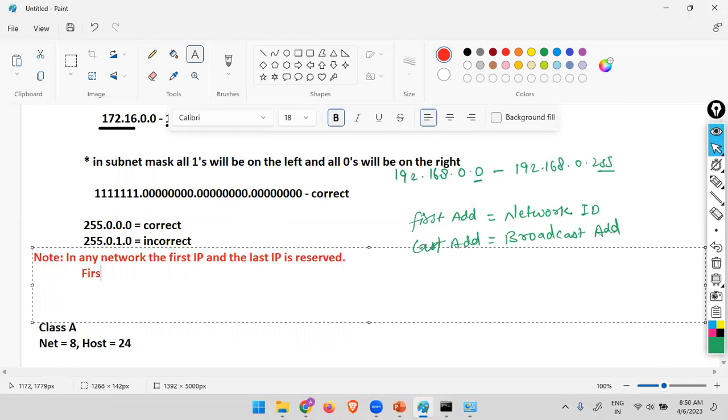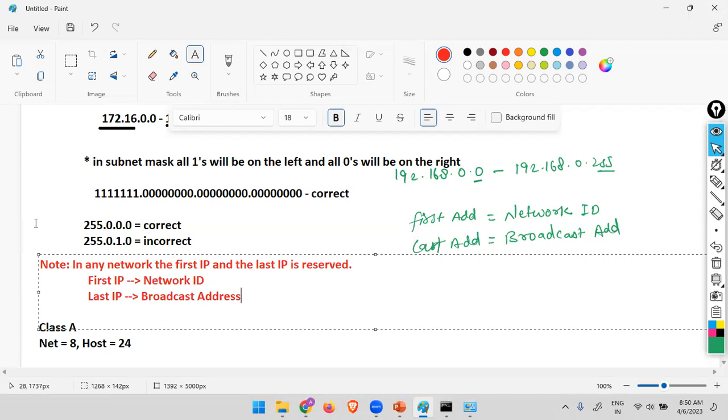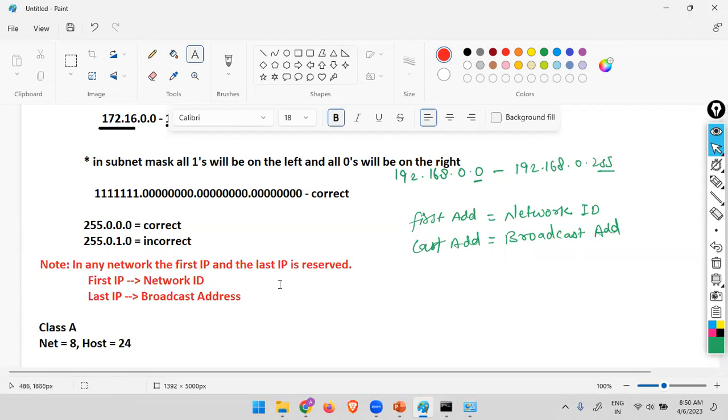Your first IP is reserved for the network ID and the last IP is reserved for the broadcast address. Is this clear?